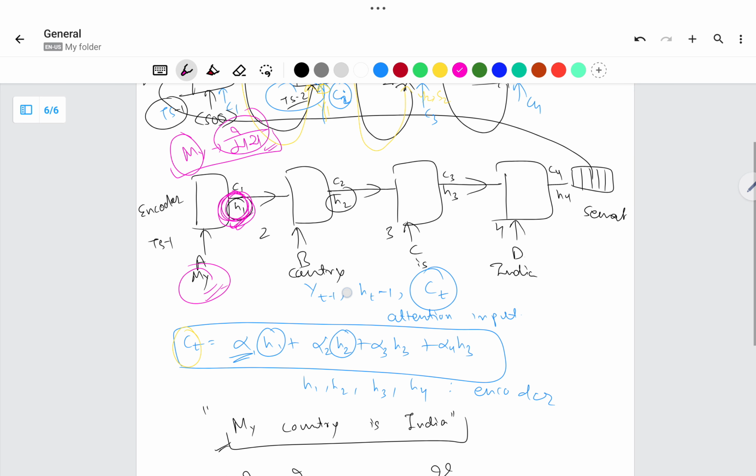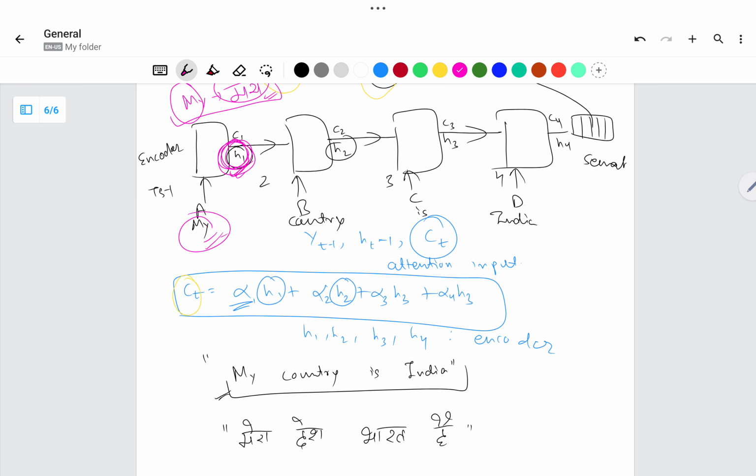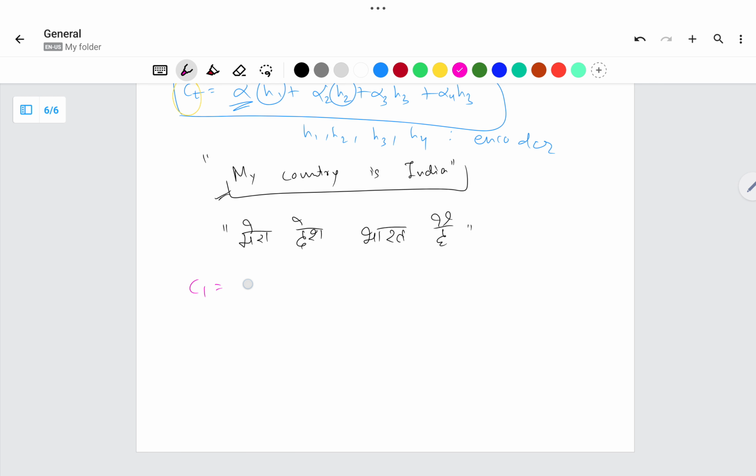So what our attention input would do is it would increase the value. Let's say we are writing c1 as this. So after training, what our attention input would be, the value of alpha 1 would be really high.